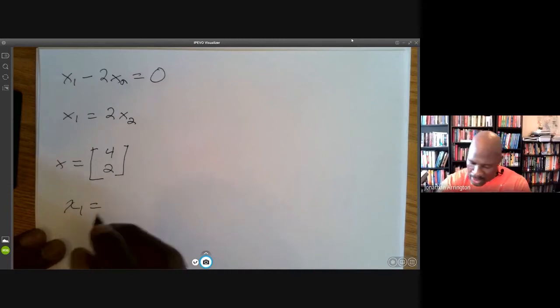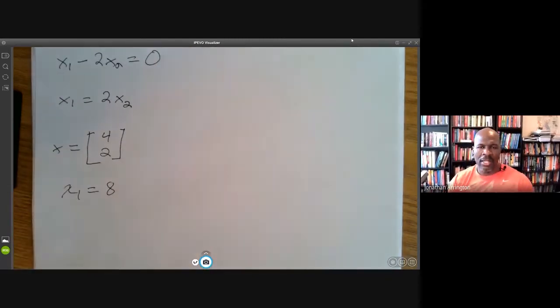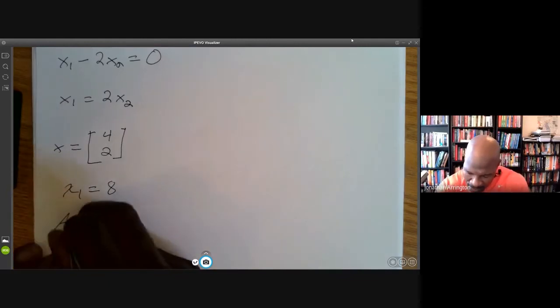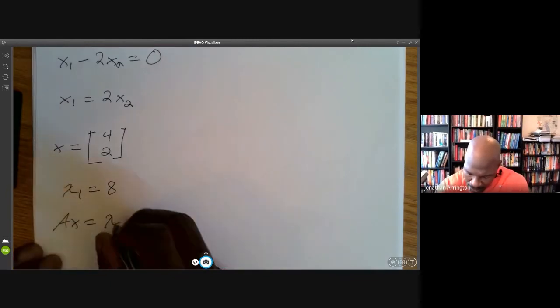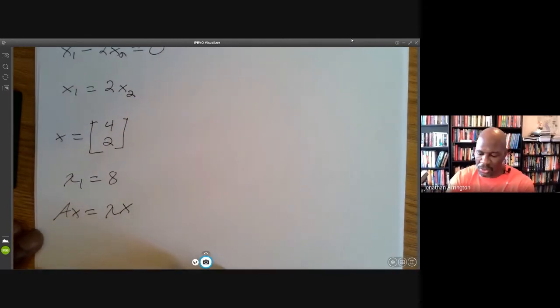Yeah, lambda 1 was 8. And so we're going to see if the identity holds. We want to make sure this stuff is true. So we did all this work. Is this identity really true, that A times x equals lambda times x? We're going to see if this is actually true.